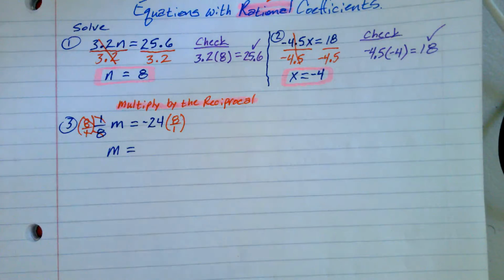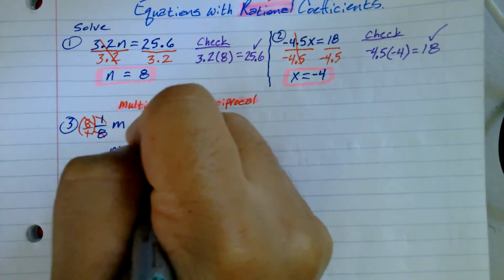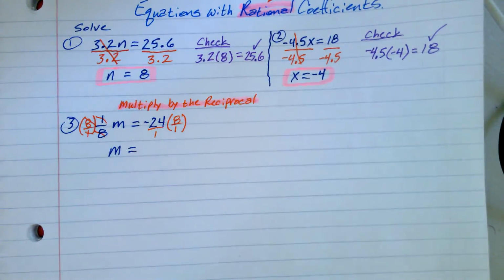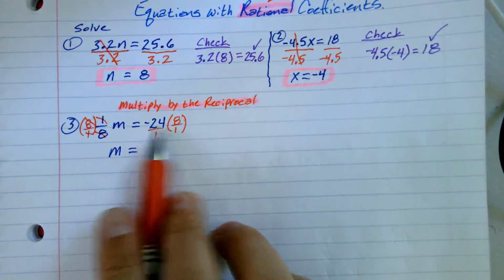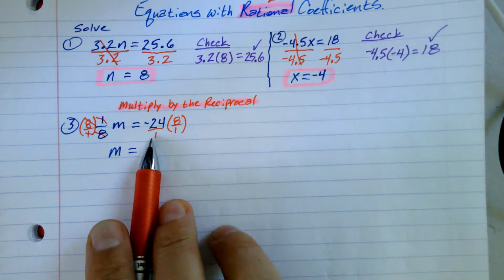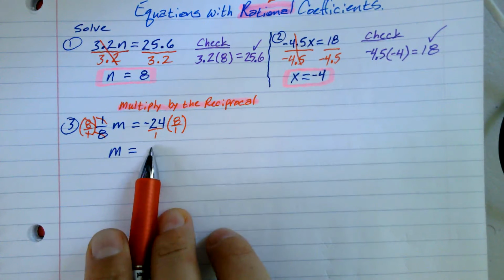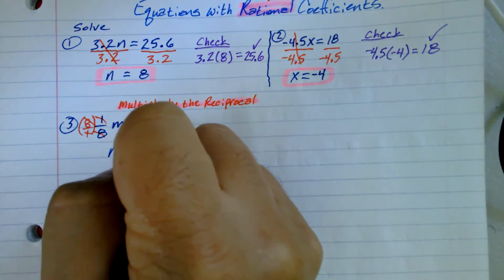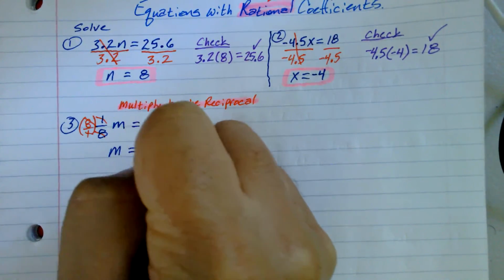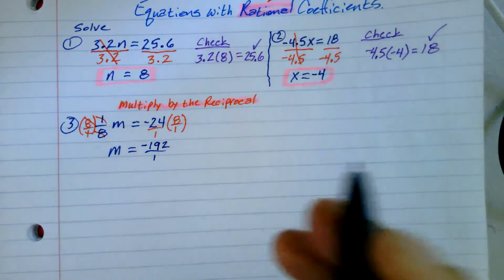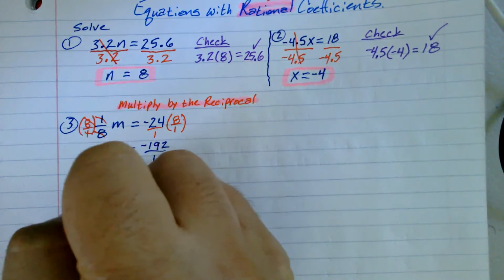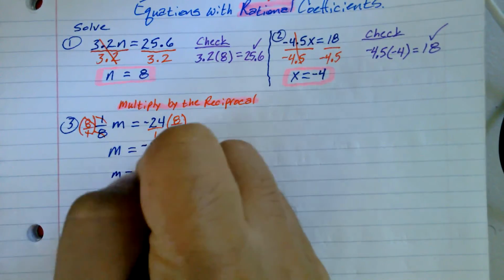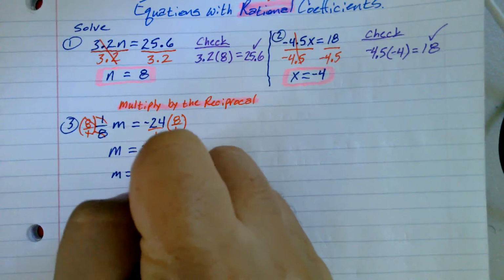Negative 192 over 1. Okay, let's write that down. So what I think you're doing, and that's a good technique, you've been taught well, is multiplying numerator with numerator, giving the integer a denominator, and multiplying those, and you end up with negative 192 over 1. Or simplify that, since the denominator is 1, to negative 192.